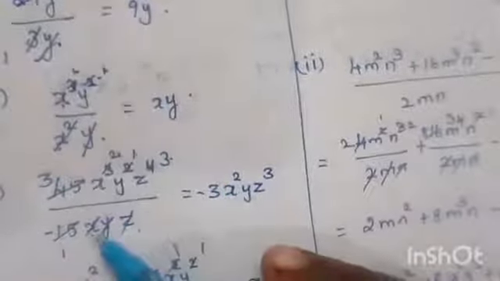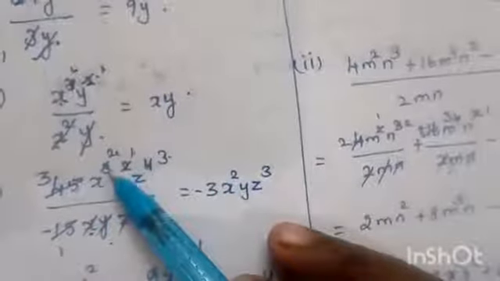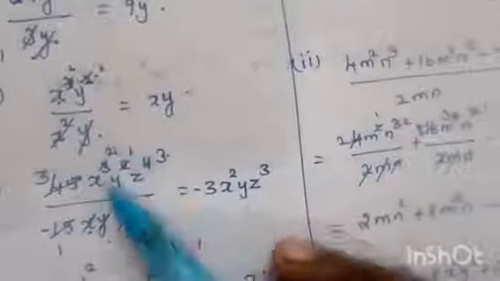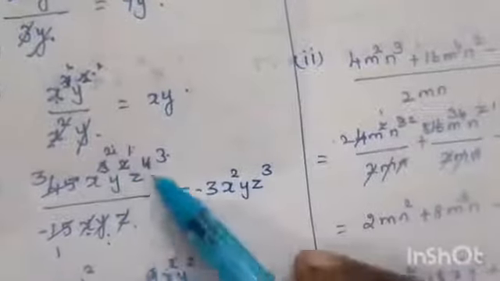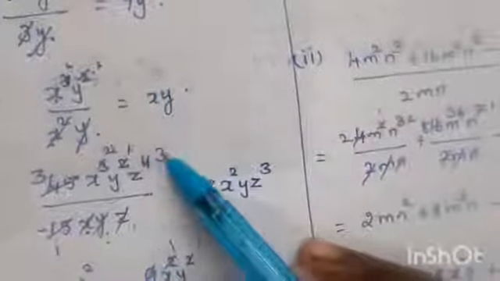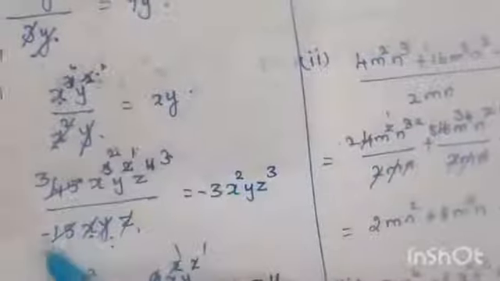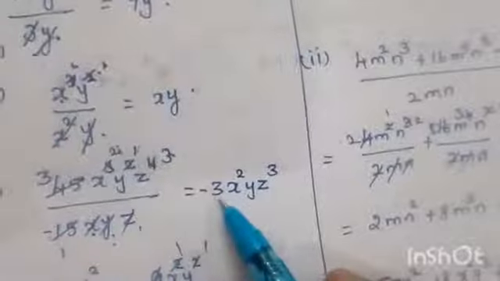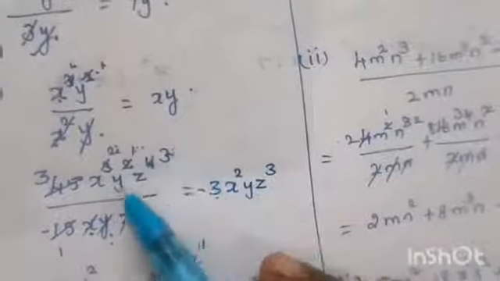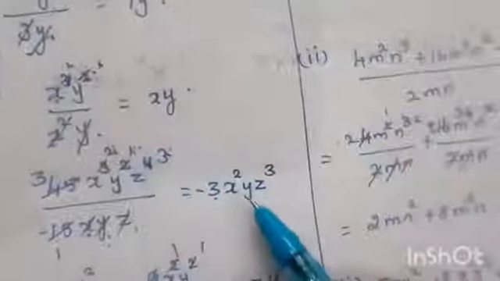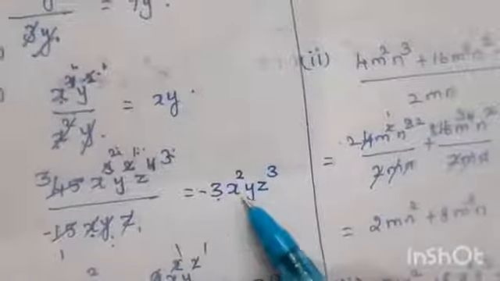Have you understood this? 1 time cancelled means you subtract 1 from the power: 3 minus 1 is 2, 2 minus 1 is 1, 4 minus 1 is 3. After cancelling we have minus 3x square y z cube. Y power 1 we consider as y.